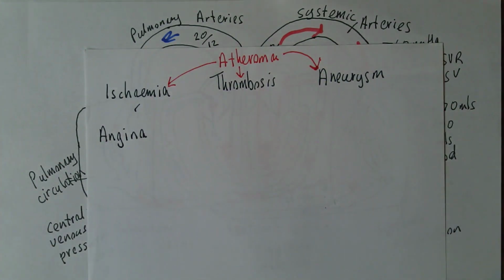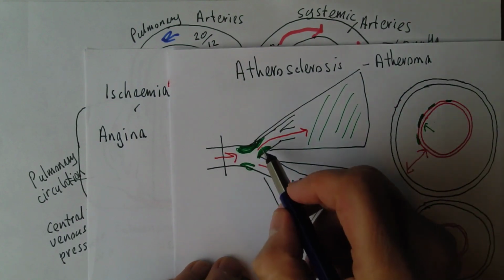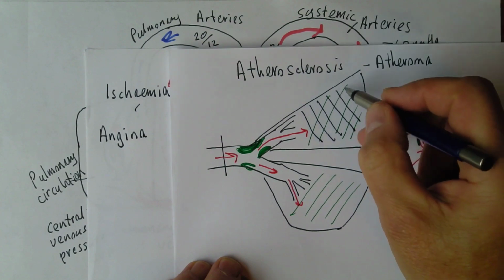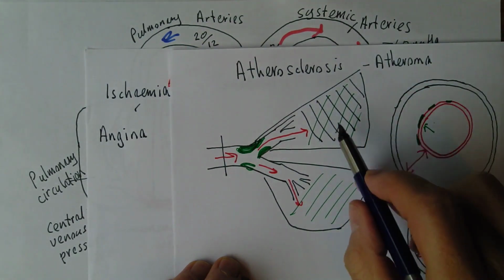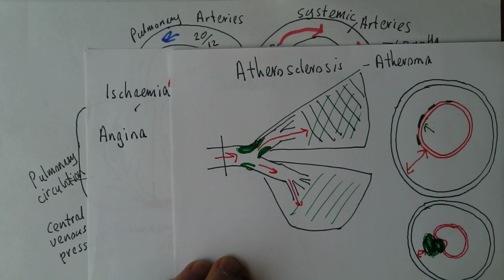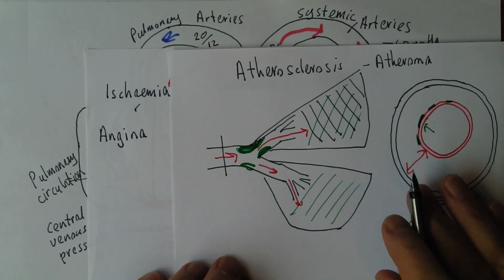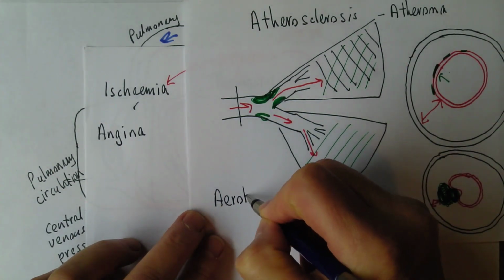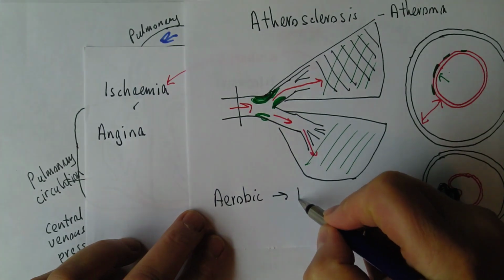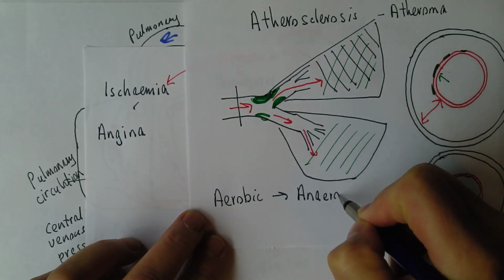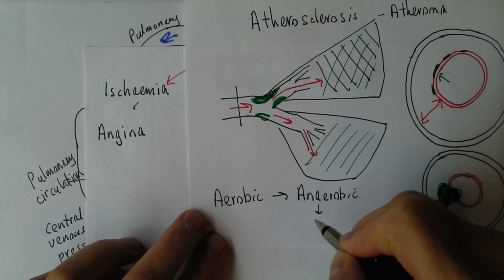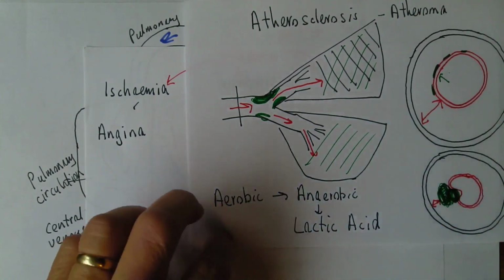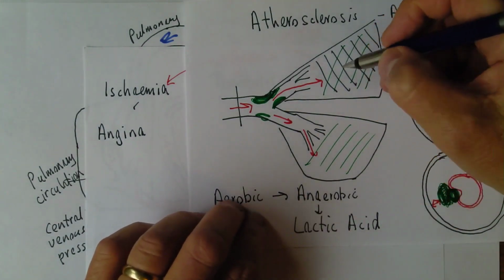So when there's a reduced blood supply through this narrowed component here, in this case in the coronary arteries, so it's supplying the myocardium, not enough blood is getting through to that area of the myocardium, and this means the metabolism will change, and it changes from aerobic with oxygen to anaerobic with the production of lactic acid, and we believe that's what causes the pain, the accumulation of lactic acid in the myocardium.